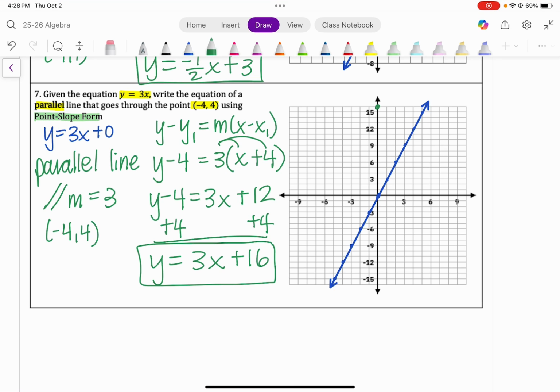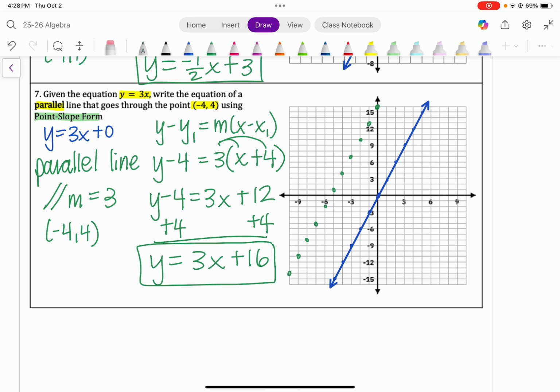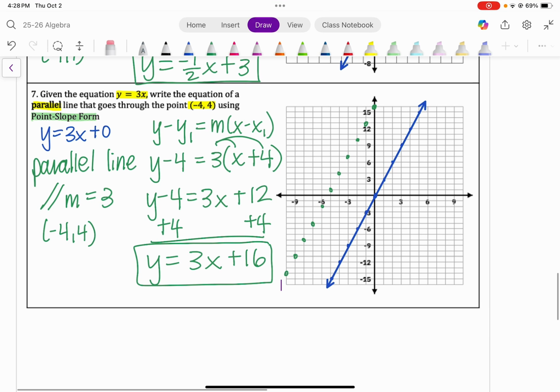And if I was doing this without knowing the point, I'm just going down 3 and back 1. Down 1, 2, 3, back 1. I'm going to stretch across the whole graph, and I'm going to connect my dots.